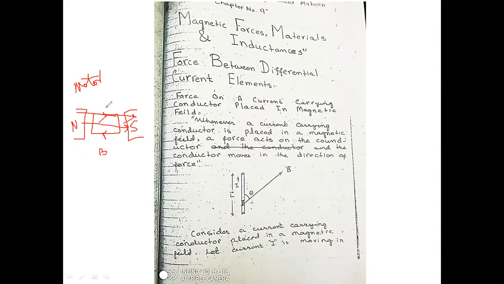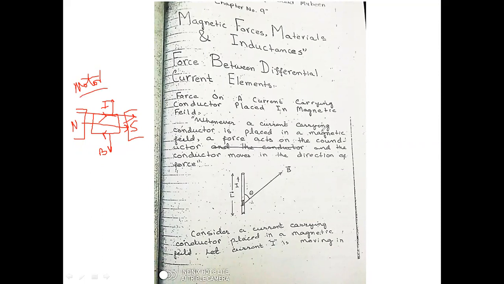in that conductor. So this current carrying conductor experiences a force. For example, this is in the upward direction, this is in the downward direction, so a rotation will be started. By this way the motor is operating.